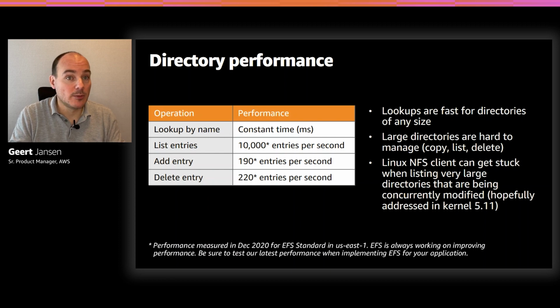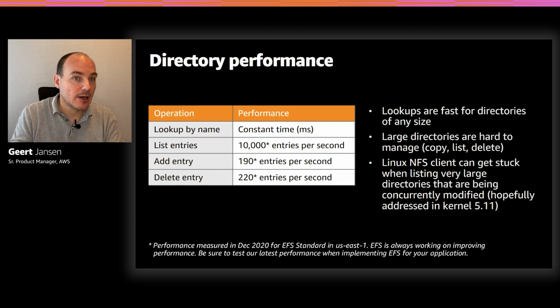For truly humongous directories with hundreds of millions of files, it could potentially take hours or more to delete that directory, for example. Also, large directories have some particular bugs in most Linux versions today.